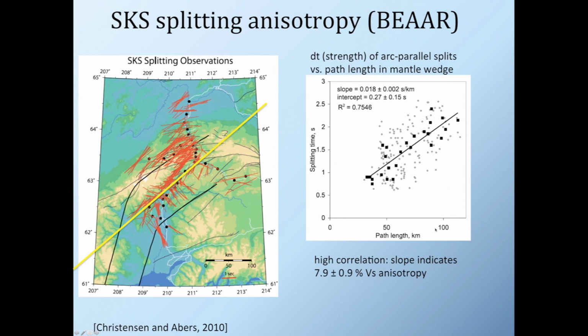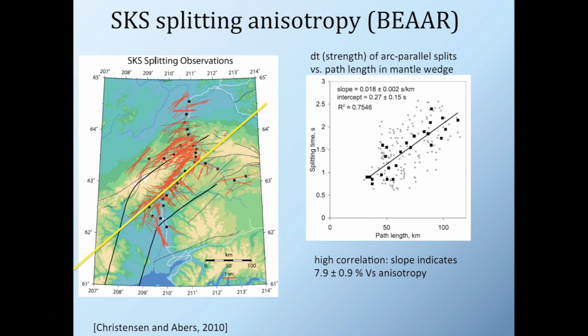This horizontal axis is the distance that rays spend between the slab surface and the Moho of the upper plate. And in fact, from the slope, you can get a fairly high but not totally unreasonable estimate of about 7 or 8% anisotropy that you need in the wedge to produce this signal.